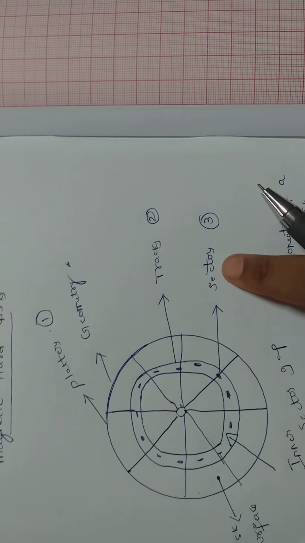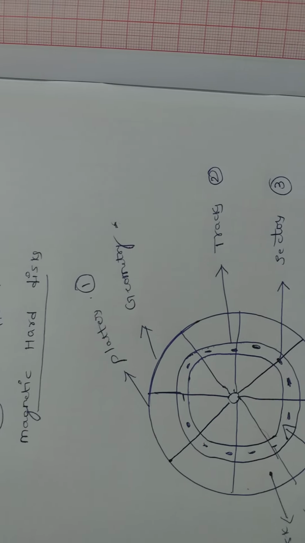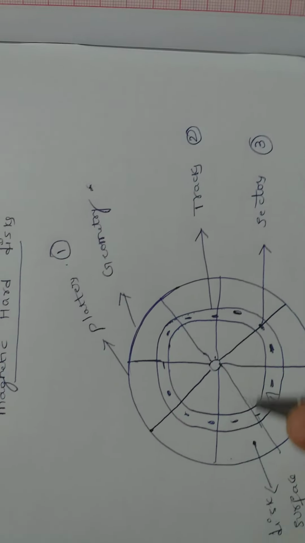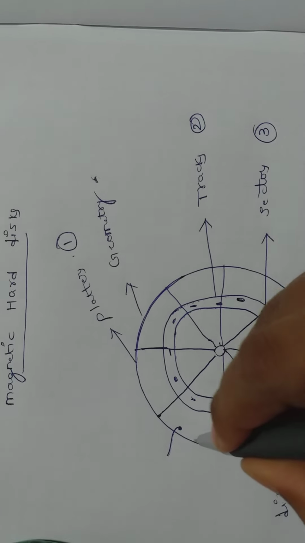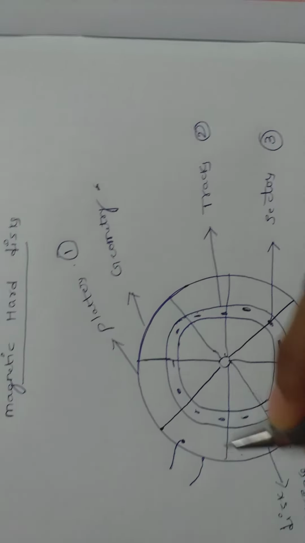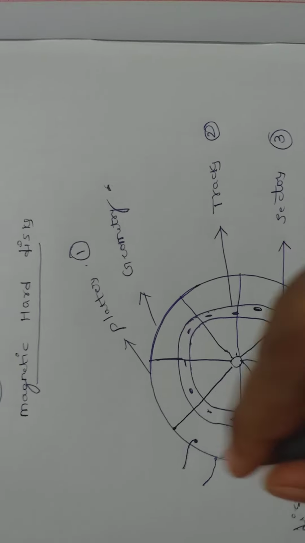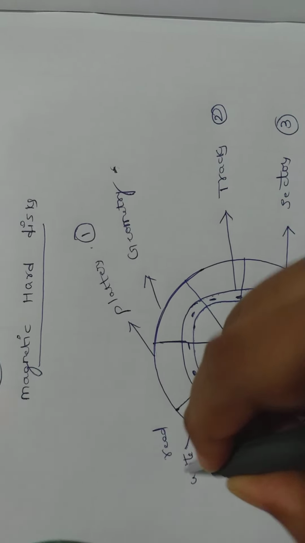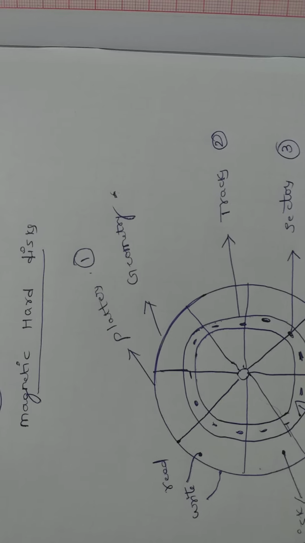These three we call a geometry. In this we have read write heads. This is the top of the head and this is the bottom of the head. What is meant by heads? Read and write on a drive.